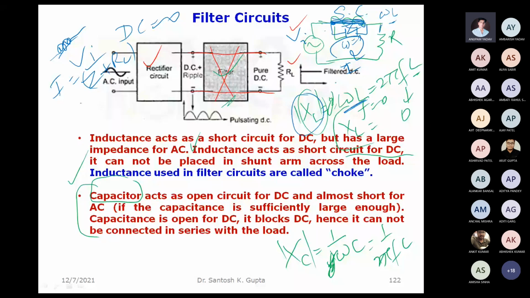Current is small means a large voltage drop is going to occur across this Z, whereas a small current is passing through the load resistance RL and making a smaller voltage drop. So a smaller fraction of this input signal is appearing across the load resistance RL, and most of the signal is being dropped across this.